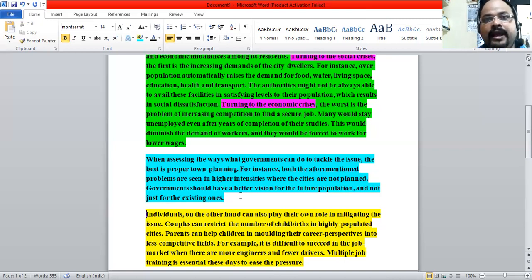They have jobs there, they do satisfy their social needs, they do satisfy their economic needs, even though the population is much higher than around 20 years ago. The Dubai authority is able to tackle these problems of overpopulation because they are planning well ahead.